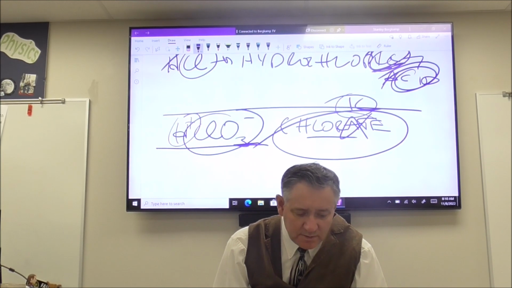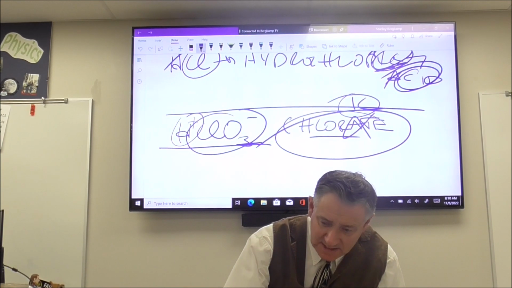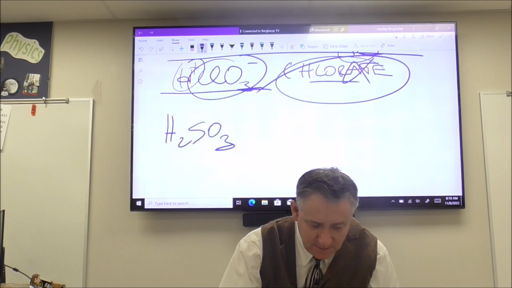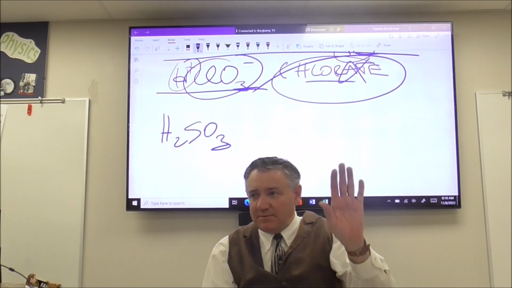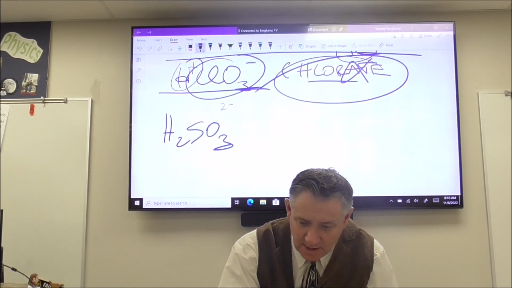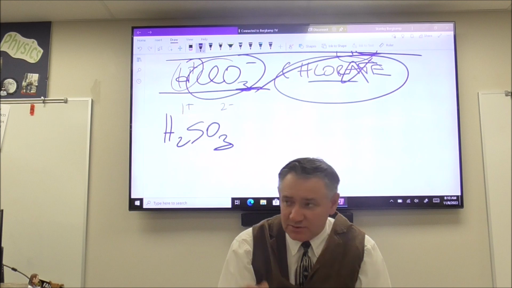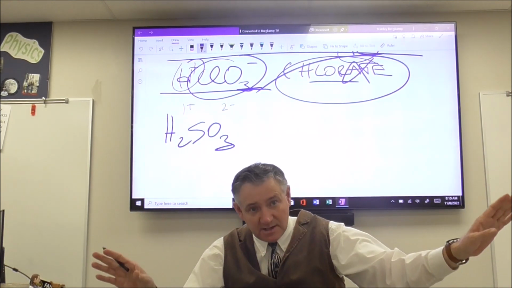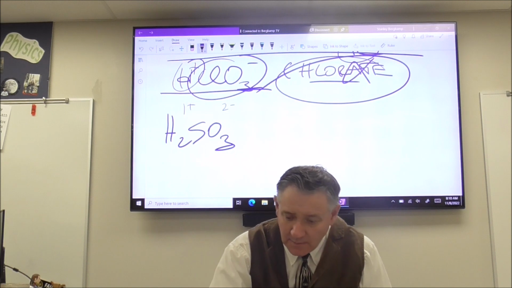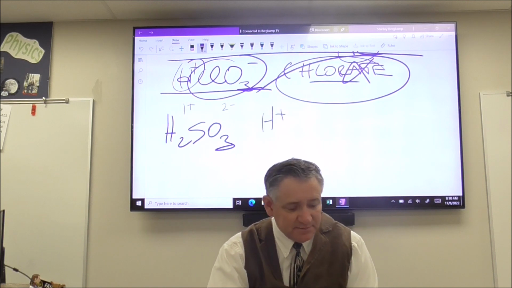Now, when you get to sulfurous acid, the next one down, you have H2SO3, okay? Again, the same thing applies. The anion has a charge of 2-. That's why I have to have 2 hydrogens, because everything still has to add up to 0. My cation is still hydrogen.